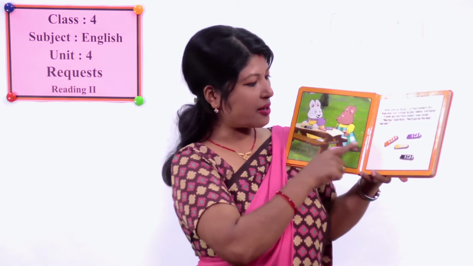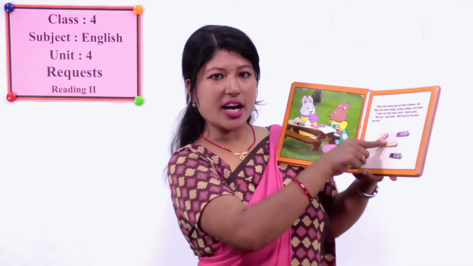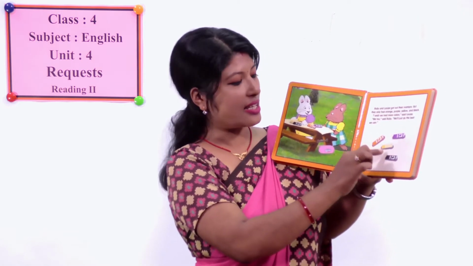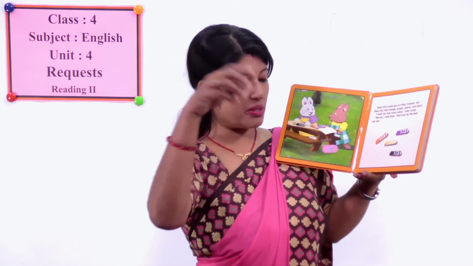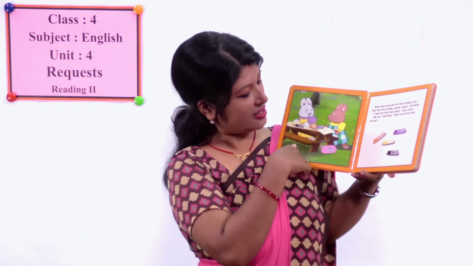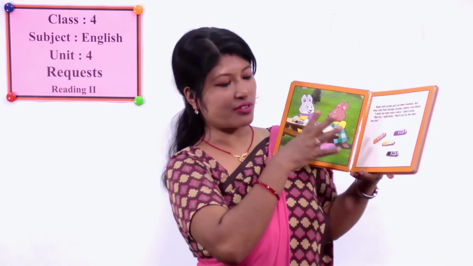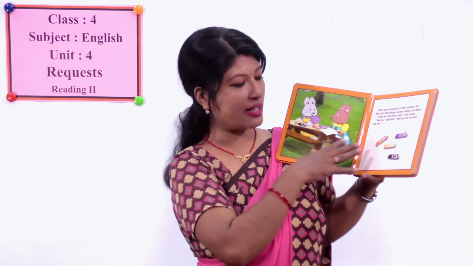What are these? Crayons. What is a crayon? Colors, right? Crayon colors. They are making something on the paper, maybe drawing pictures and coloring on a fine day on the green ground, in the open area.